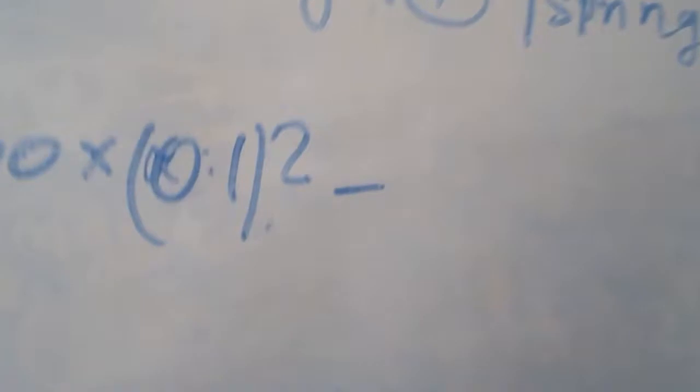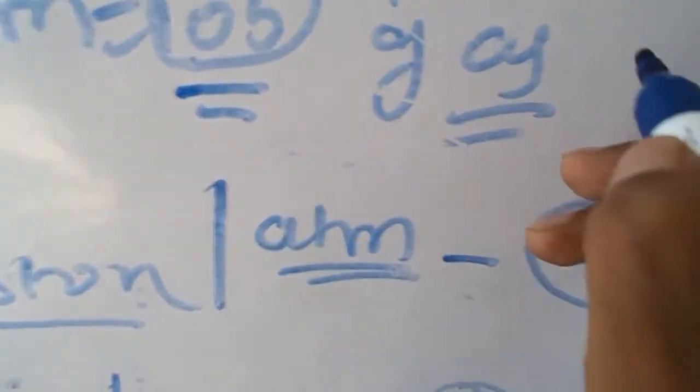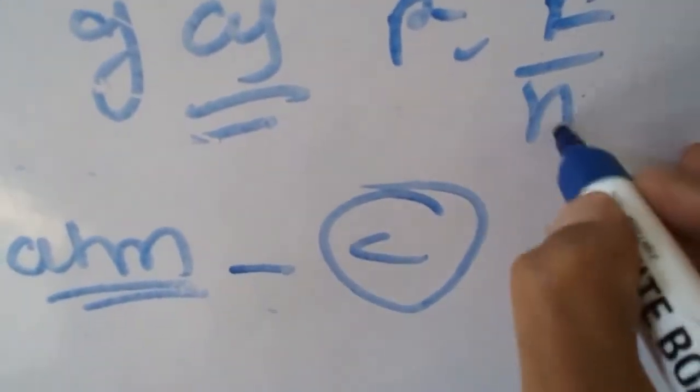And what is the atmospheric pressure? Atmospheric pressure is 10 to the power 5 Pascal. And this remains constant because this is the atmospheric pressure. Slight movement in this will not change it. And so what will be the force by it? The force will be atmospheric pressure, force upon area.